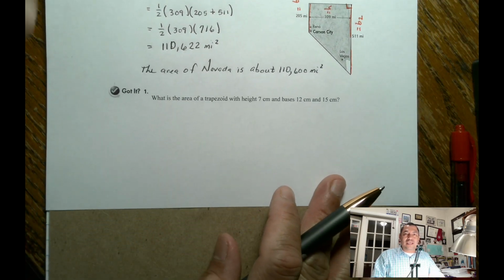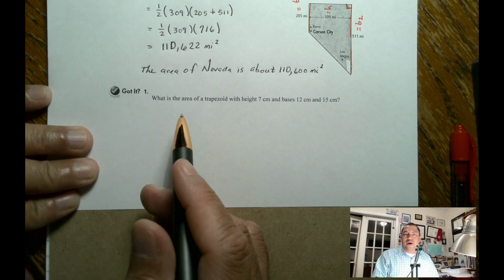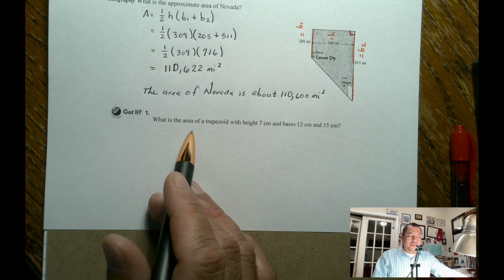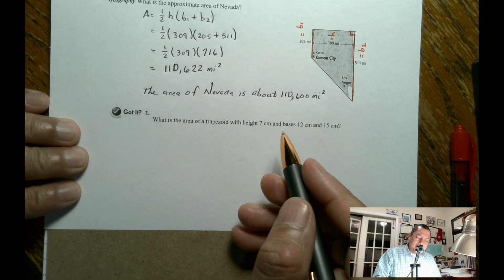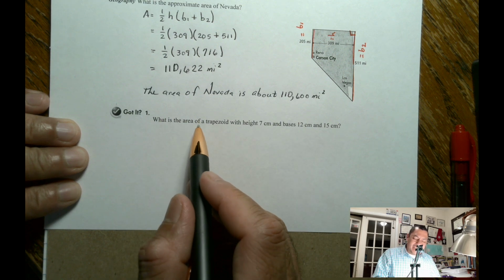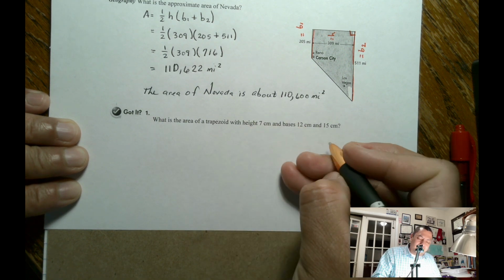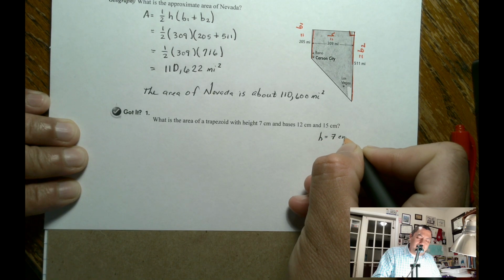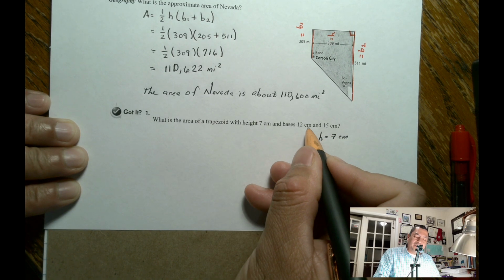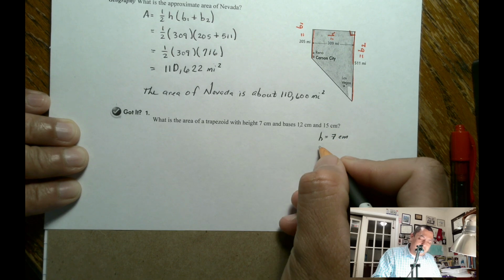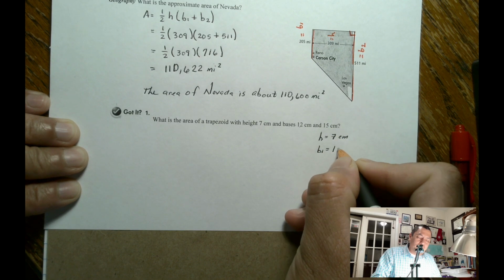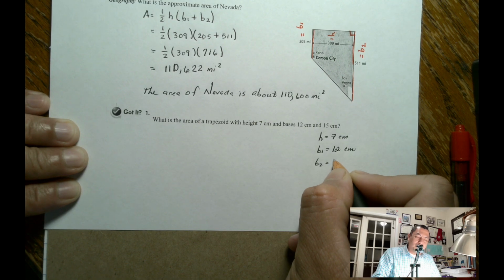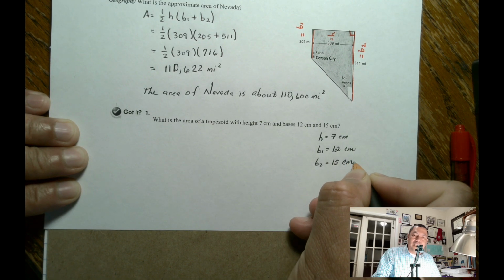In this case, you are going to give Got It number 1 a try. You can just pause the video and try the problem. Remember, what is the area of a trapezoid with a height of 7? I'm going to label height equals 7 centimeters, and the bases 12 centimeters and 15 centimeters. So base 1 equals 12 centimeters, and base 2 equals 15 centimeters.